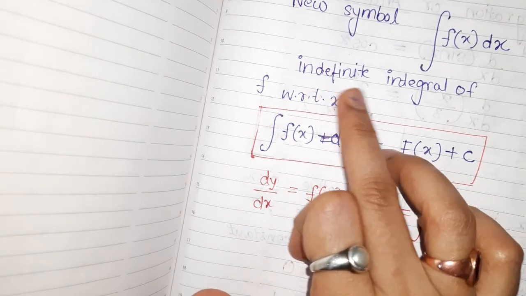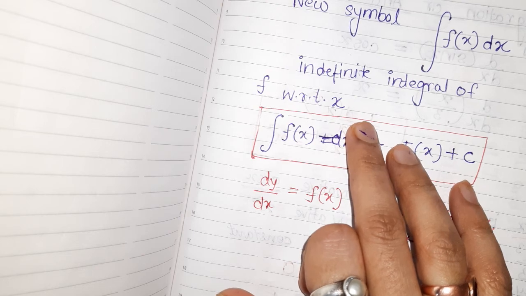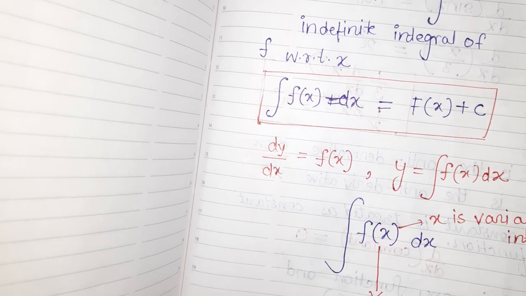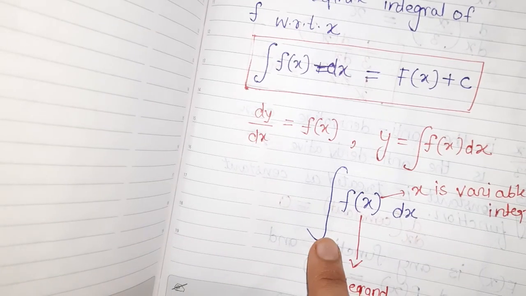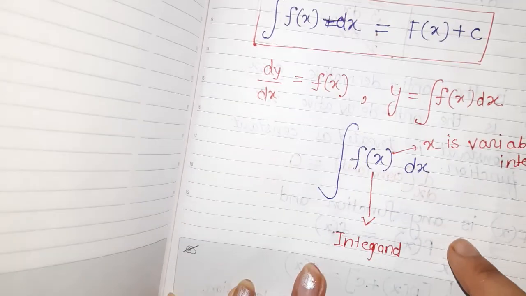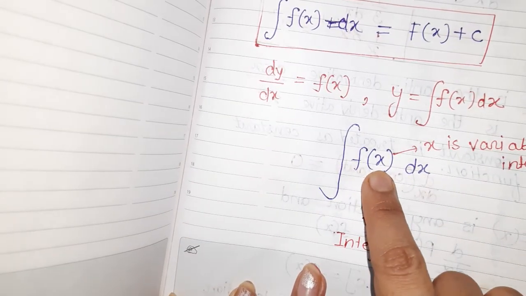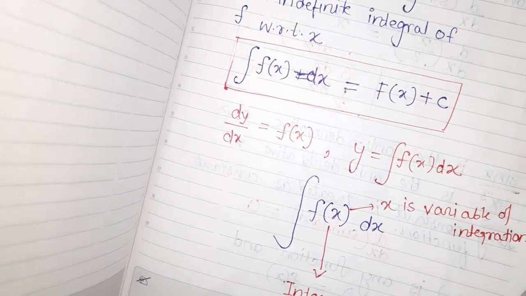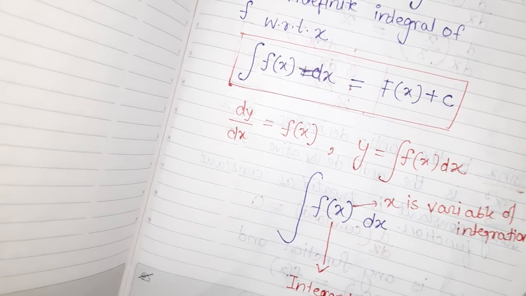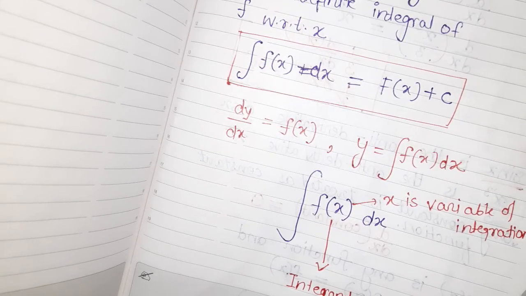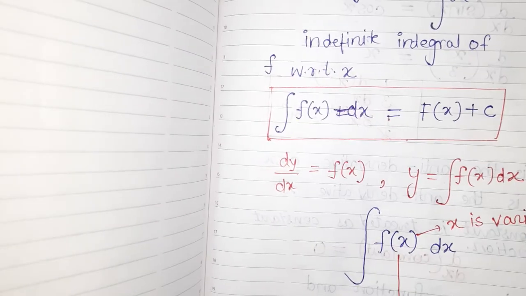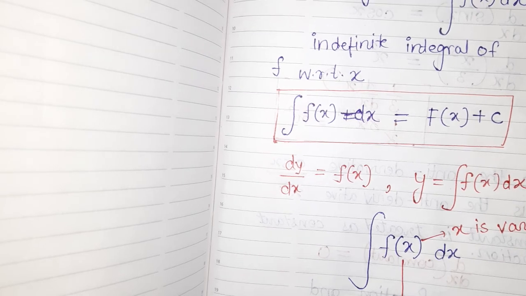When you write integration of f of x, here f of x is called the integrand and x is called the variable of integration, meaning the variable with respect to which you have to integrate the given function. And the constant of integration is any real number, considered as a constant function.